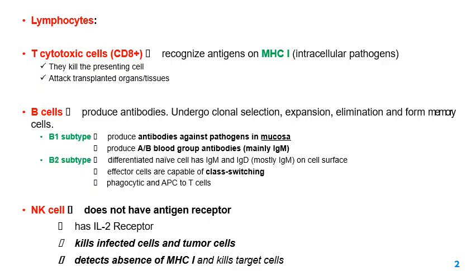Remember, we have T cells and B cells and innate lymphoid cells, and that includes the natural killer cells. So we briefly went over a little bit of details on those cells.